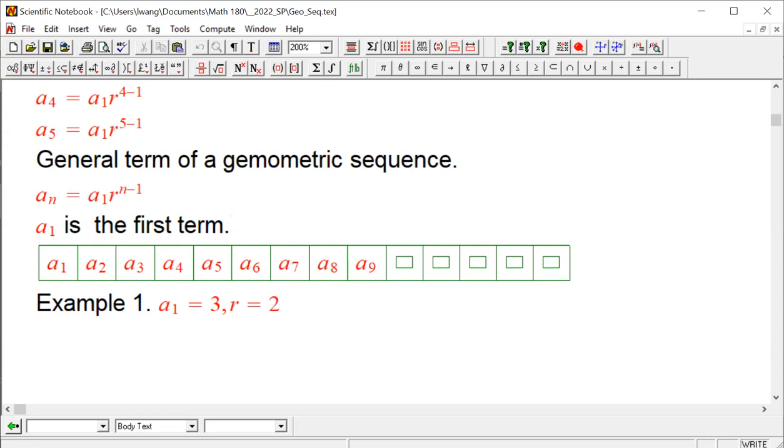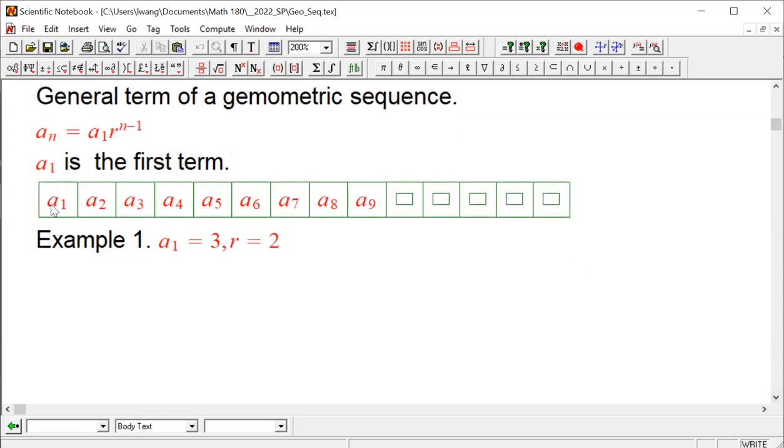Let's see how the terms will look. The first term would be a sub 1, which is 3.